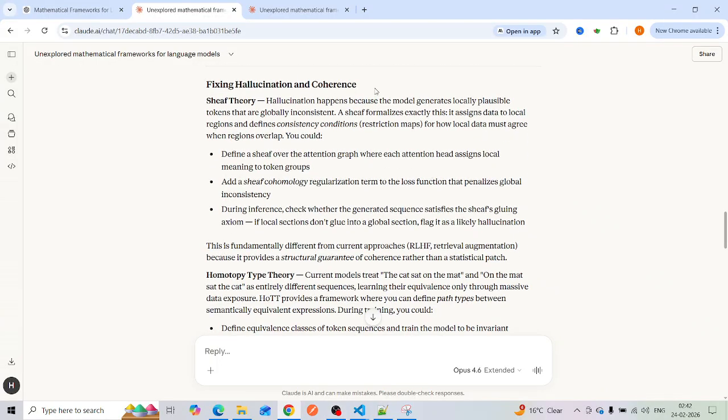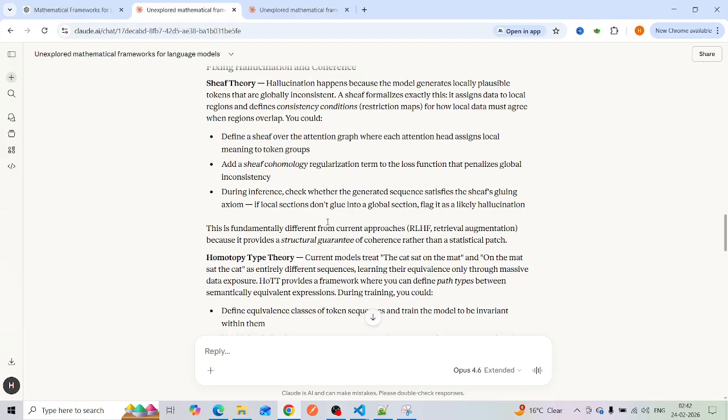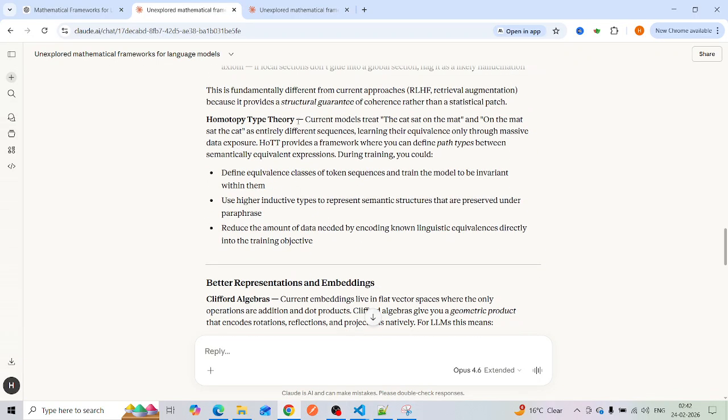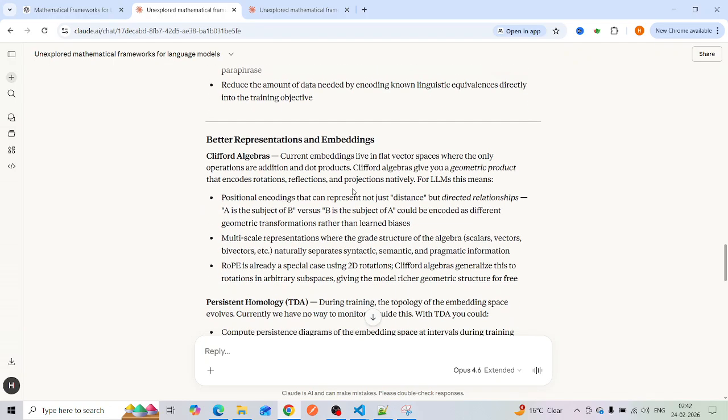Fixing hallucination coherence, sheaf theory. Hallucination happens because the model is generally locally okay but not globally consistent over the attention graph. Then we have homotopy type theory, which treats token sequences as equivalent and trains the model to be invariant within them. Interesting.